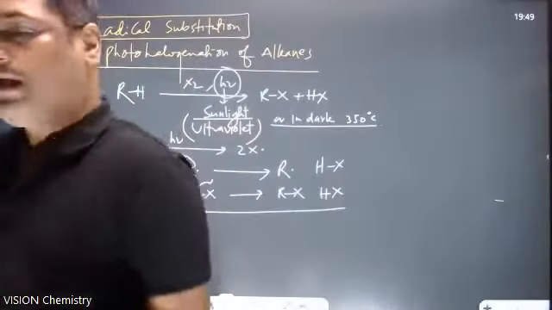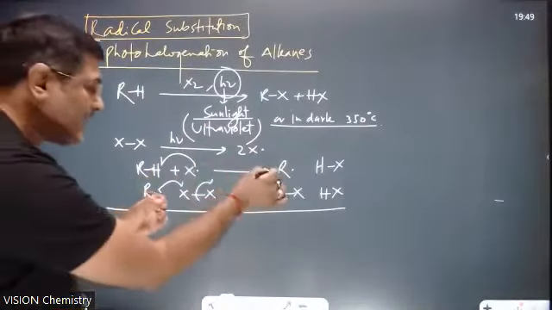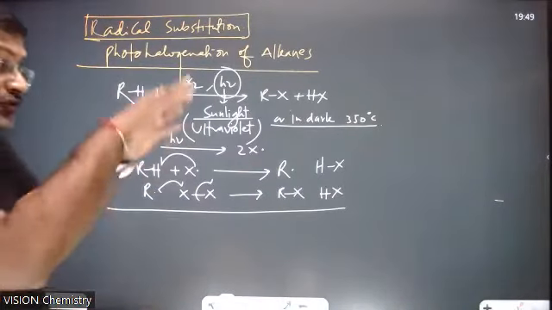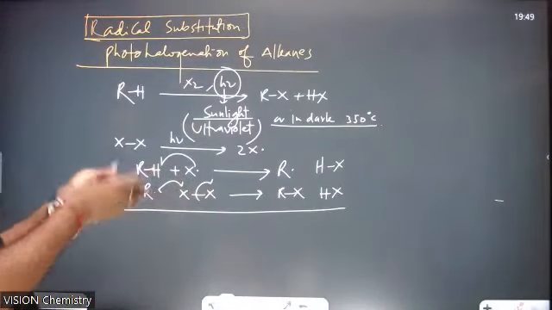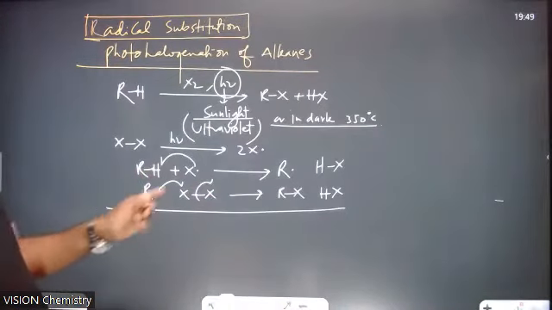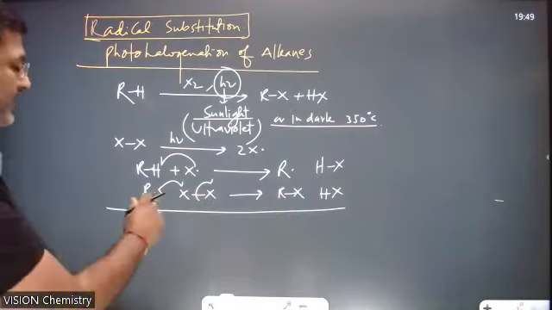Once initiated, the alkyl free radical forms. That alkyl free radical will be surrounded by many halogens, most of which are in the molecular state, and it will combine with them again.